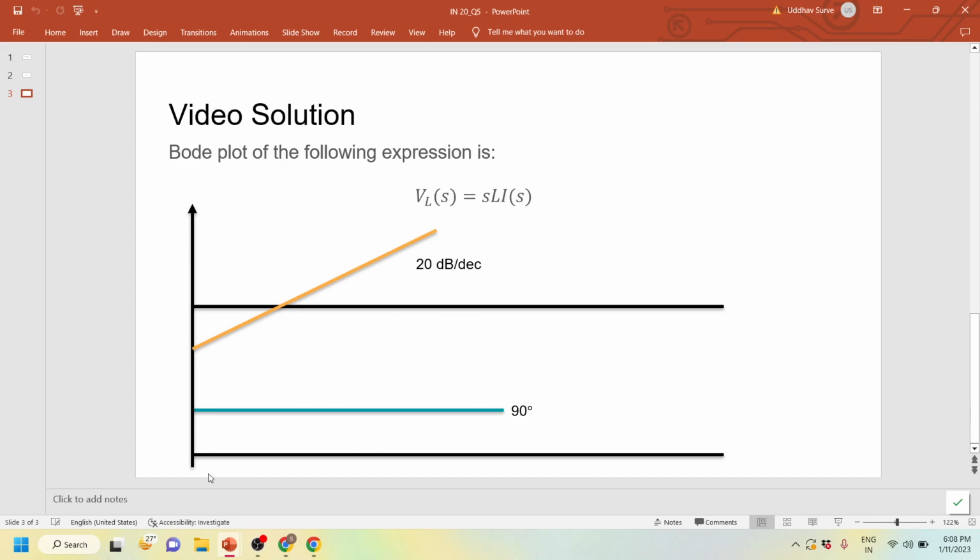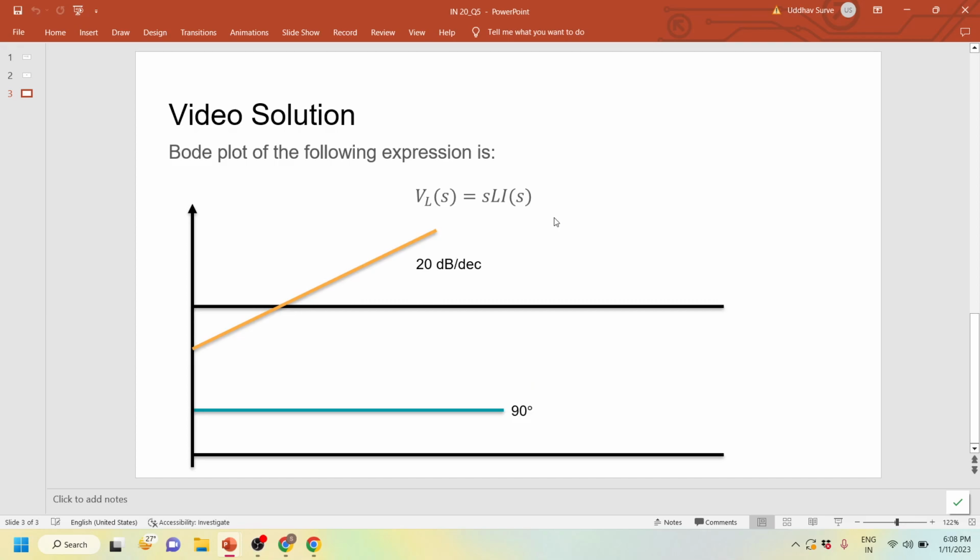If it was the opposite, like 1/(Cs) in the impedance, then 1/s would have contributed minus 90 degrees, and it would have been decreasing with a minus 20 dB per decade slope.